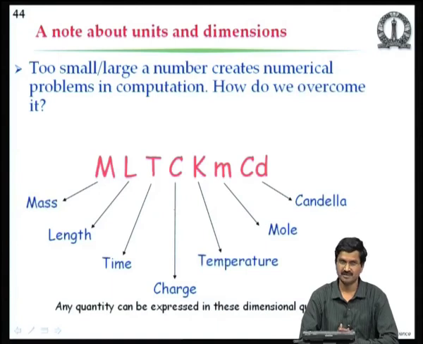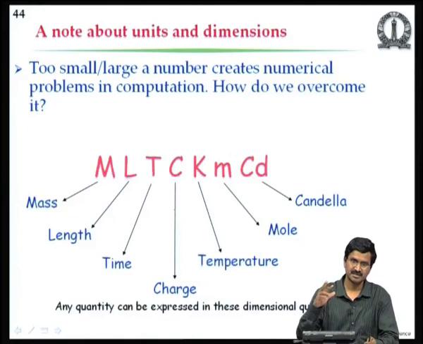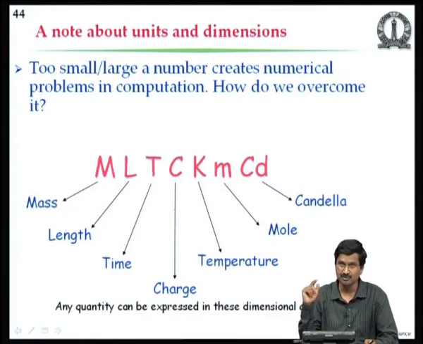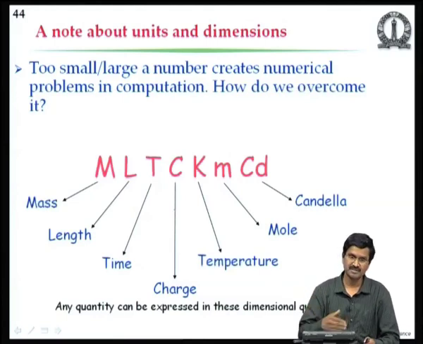For example, the moment of inertia goes as the depth of the beam cubed. If the depth is taken in microns, let us say 5 microns, if you put 5 into 10 power minus 6, raised to cube, it will become 125 into 10 raised to minus 18, which is a very small number, and if you multiply that by another small number, there could be round off errors, truncation errors.